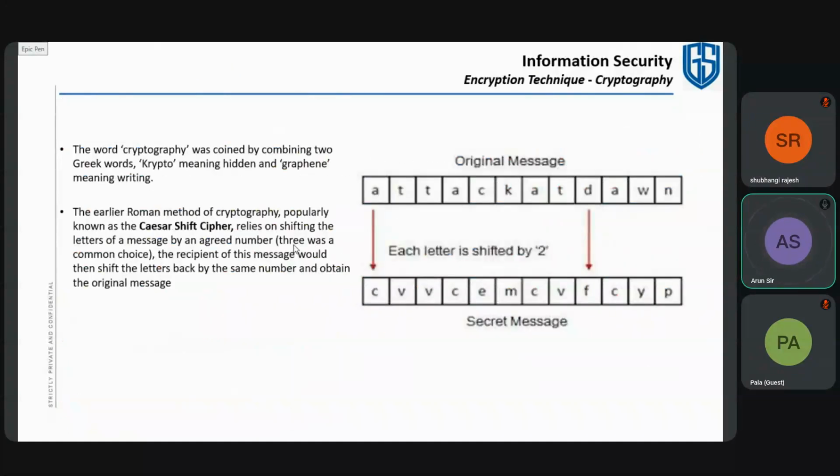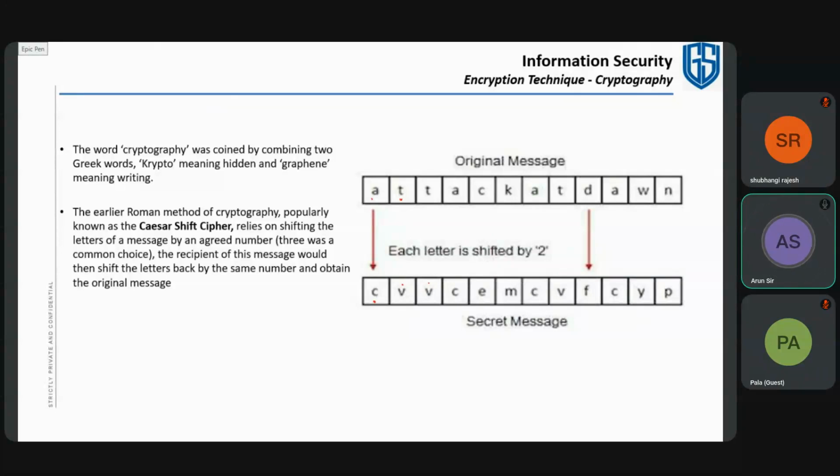Okay, so overall what we understood from this encryption technique is that we can use cryptography, and cryptography will convert the original message into a secret or ciphered message. Let's say there is one very simple method. Every letter you are shifting by 2, so A is changed into C, and so on.